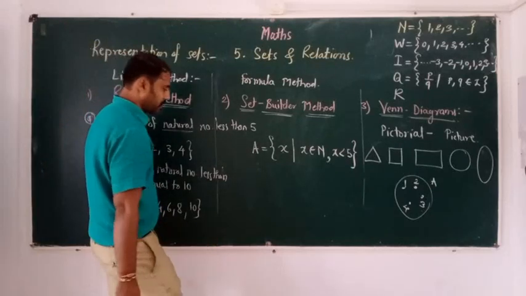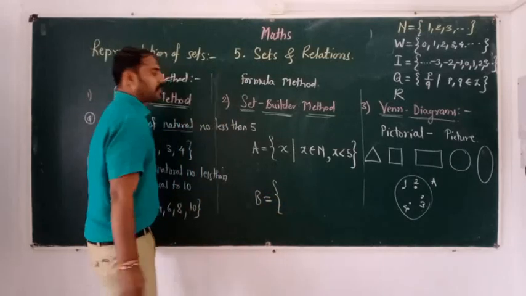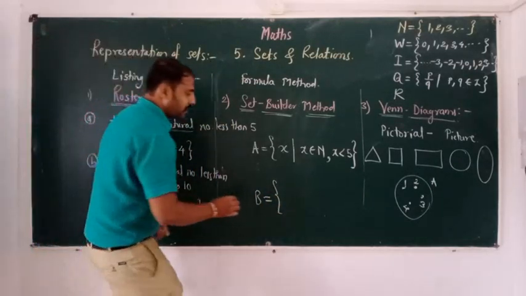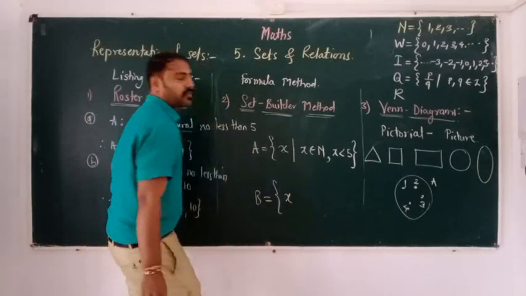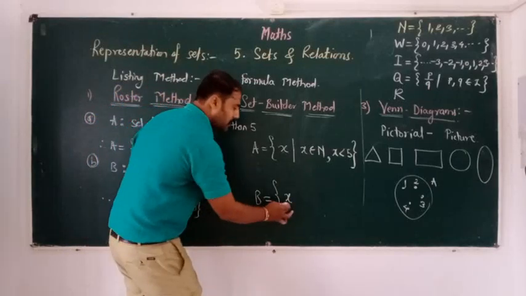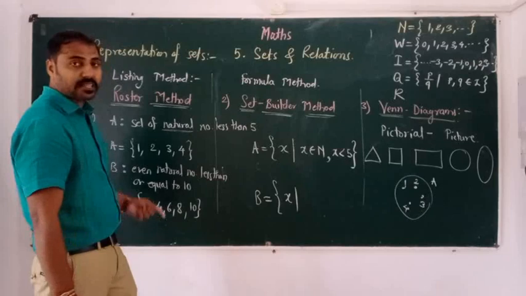Next, the set builder method. In the set builder method, we write it as a set of all elements. Generally, we denote all elements by x. It is a set of all x such that all these are natural numbers.